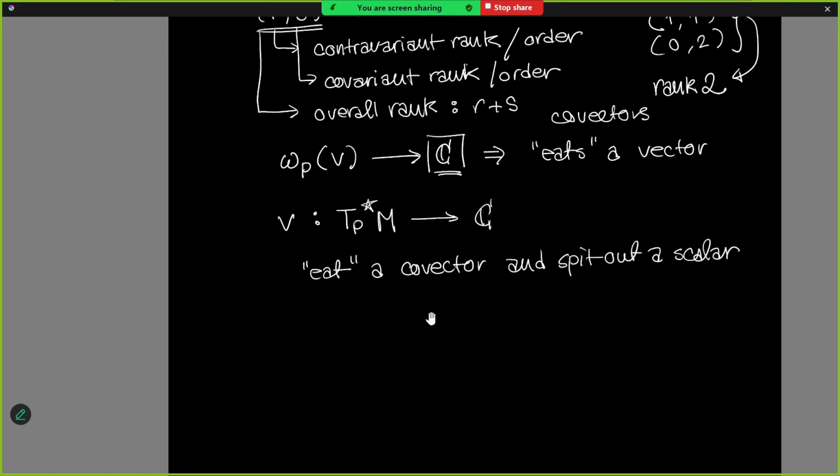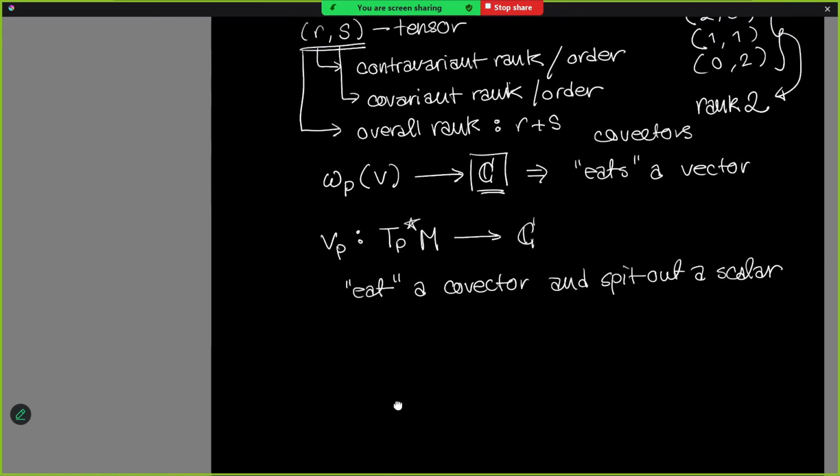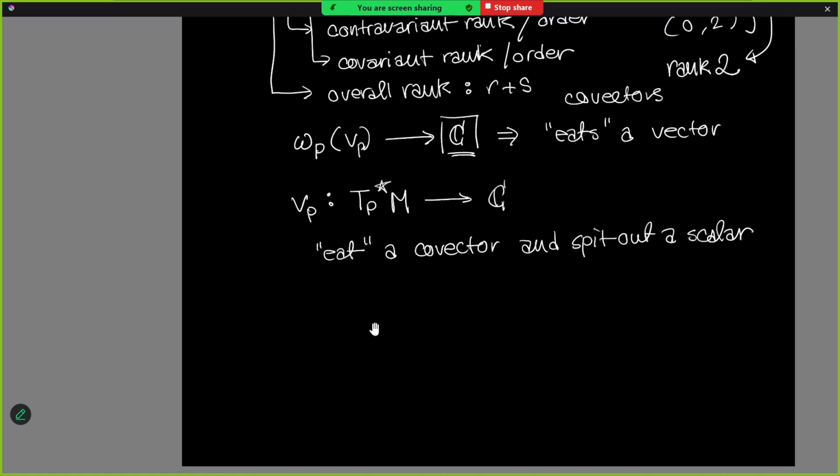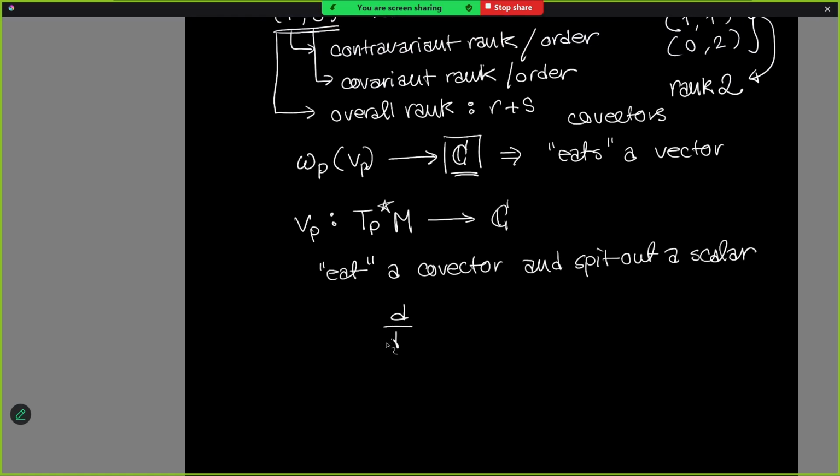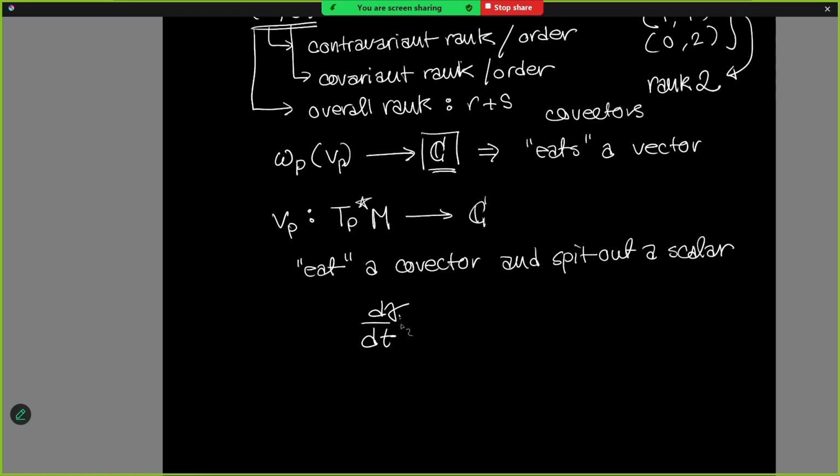Now that's not clear from the way that we define vectors. We define vectors by saying, okay, well, think about this specific curve, gamma_p, and then take t equals 0, and then we'll associate that with some vector v_p, right?